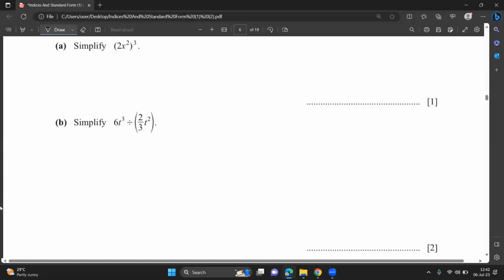Okay, what was your answer? 8x to the power 6. Very good. 8x to the power 6. The 3 belongs to 2 as well as the x. So 2 to the power 3 is 8. X squared to the power 3 is x to the power 6. That's how you get 8x to the power 6. No working required if you are good at it. Try the B part.